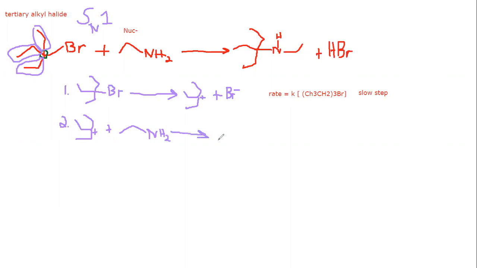And we get our substituted product, and H+. So this is step two. The nucleophile attacks the carbocation.